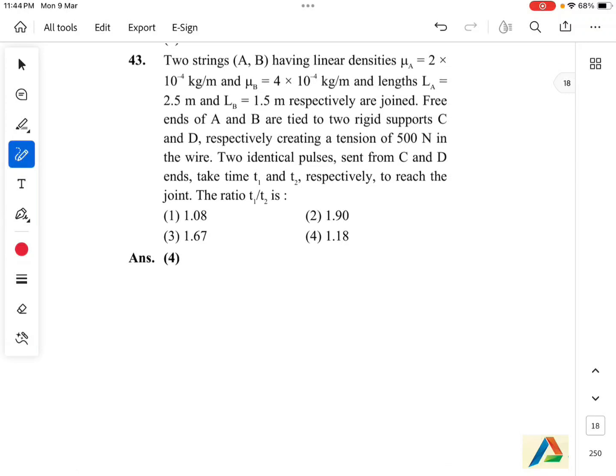So the next question: two strings having linear densities so and so, and lengths so and so, respectively, are joined. When I'm reading the question, I don't go into the values of the physical quantities given there. At the first reading, I just read what is given and what I am supposed to do.